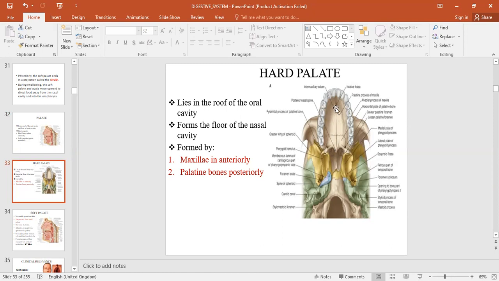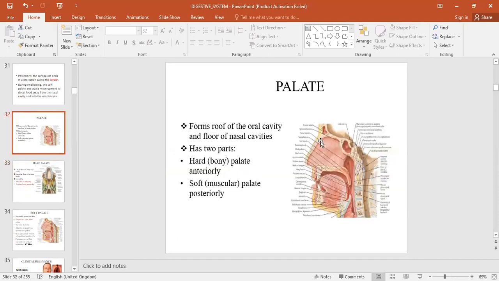They need to be covered with membrane. All bones in the body are covered to avoid friction with soft organs. Then at the back here, you see that there is no bone. This part will be covered with muscle and connective tissue. This is where the soft palate will be.